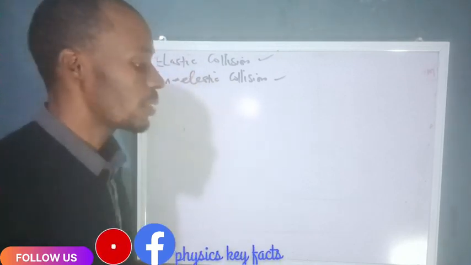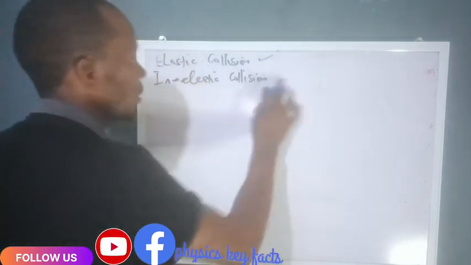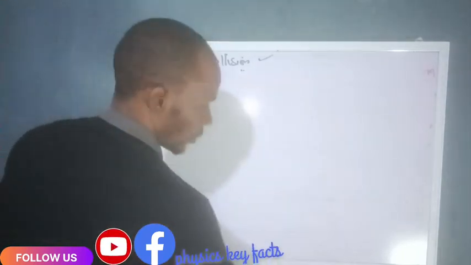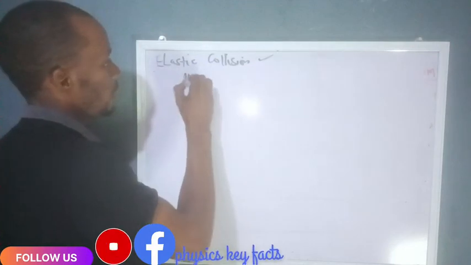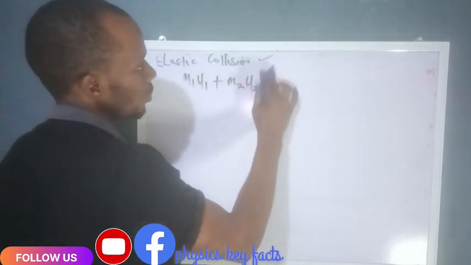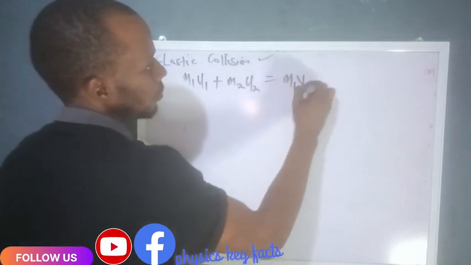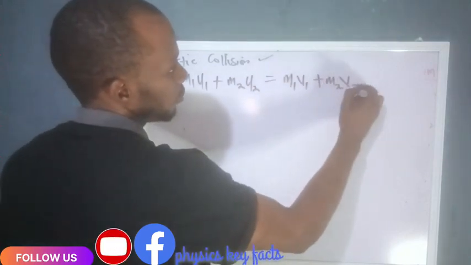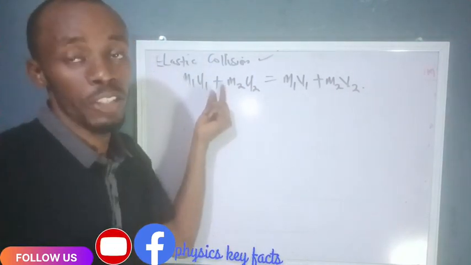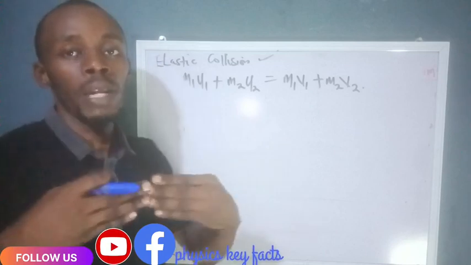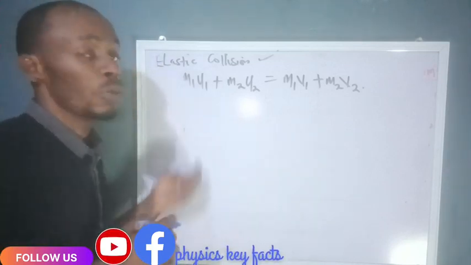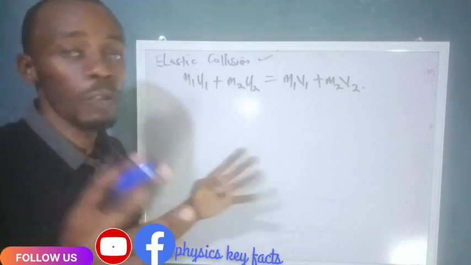The basic formula for elastic collision is m1 u1 plus m2 u2 is equal to m1 v1 plus m2 v2, which is what we stated initially. But this sign can change depending on whether the bodies are colliding in opposite direction or in same direction.